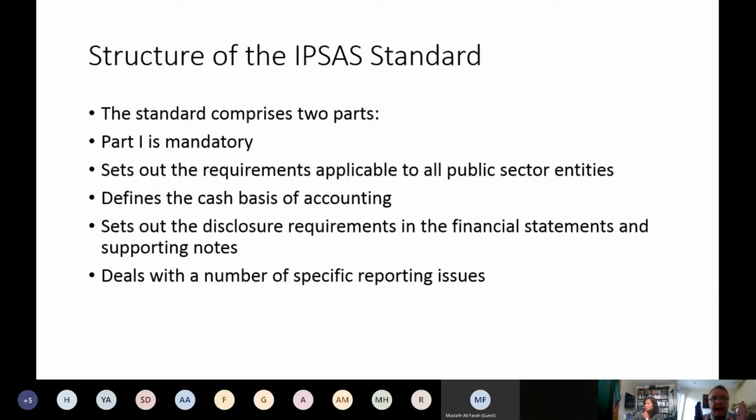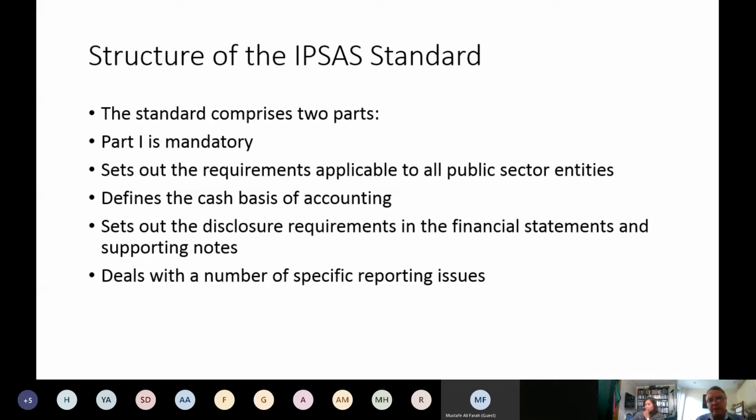So in other words, everybody who's in the public sector must follow this standard. It goes into detail about the cash basis of accounting. It talks about the different types of cash inflows and cash outflows and what it really means related to cash. It talks about disclosure requirements.